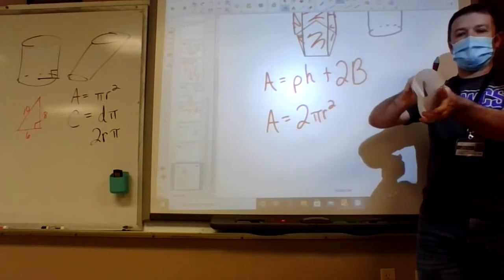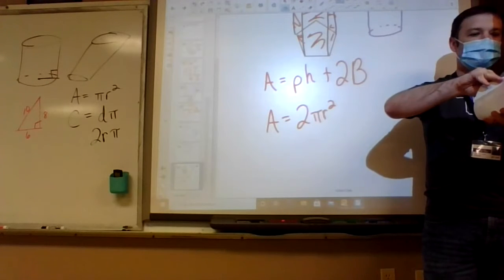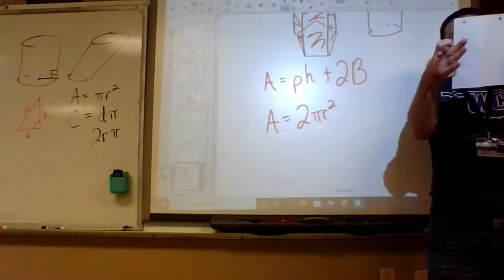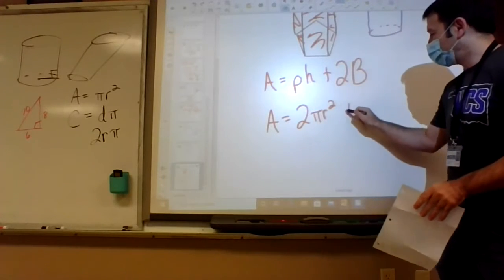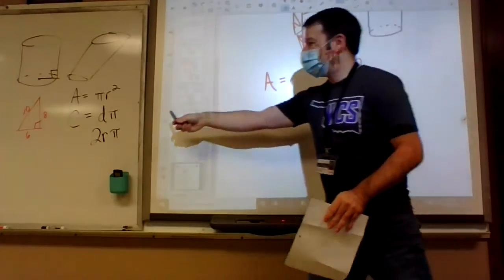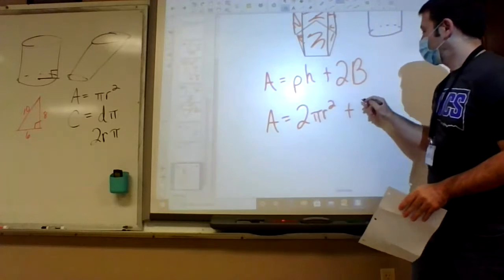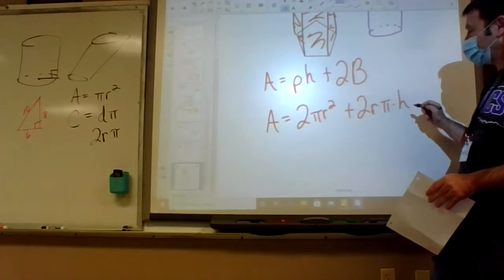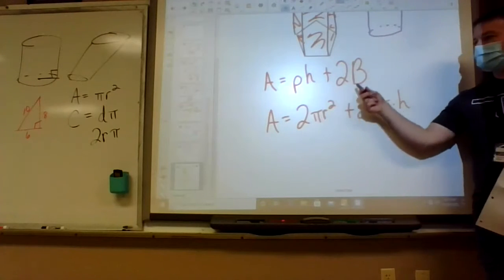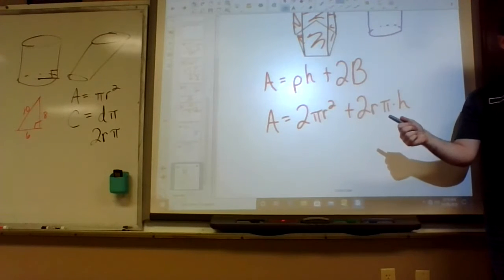It's the same as the circumference of the circle. And how tall is this? It's the same as the height of the cylinder. So the circumference of the circle times the height of the cylinder would give you the lateral surface area. So these are the two formulas we're going to be using today.